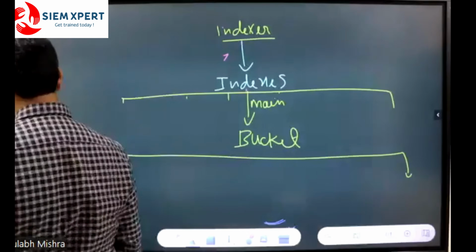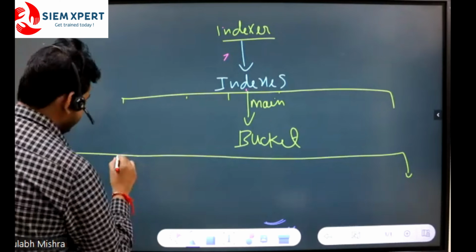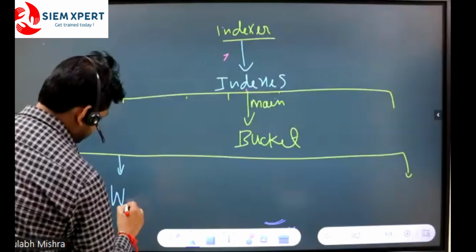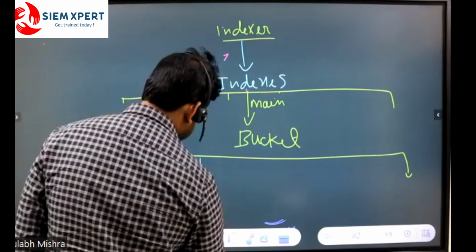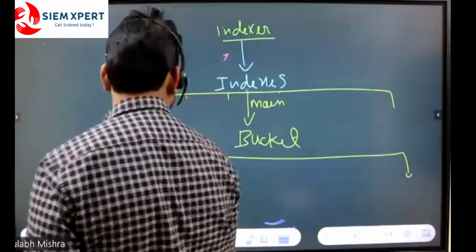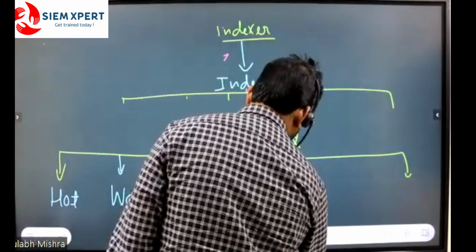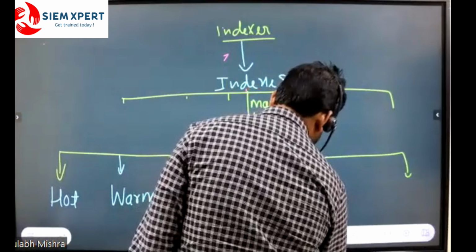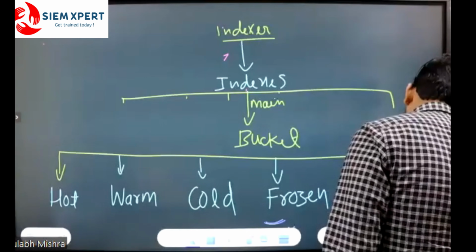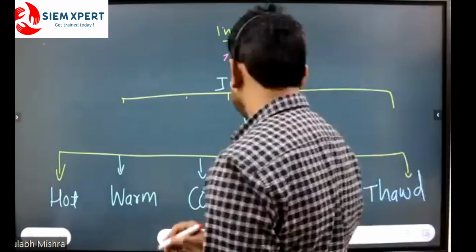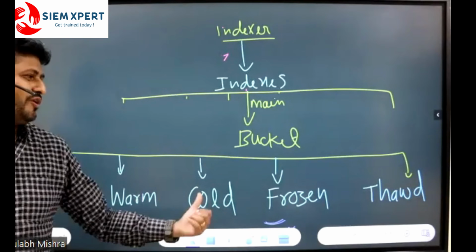First bucket is, anybody knows? Hot bucket. Then warm, then cold, then frozen, and then thawed. So hot, warm, cold, frozen, and thawed.